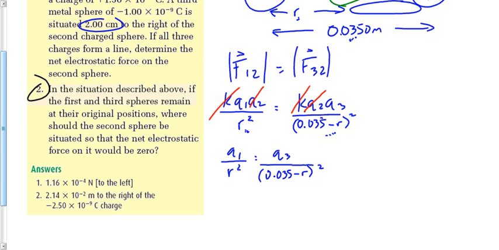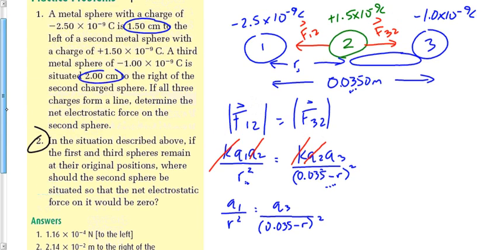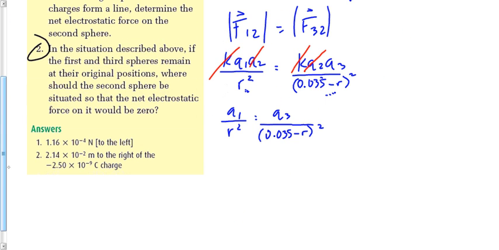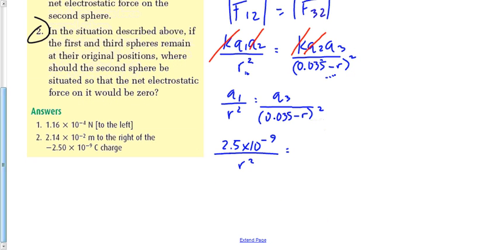Q1 is 2.5 times 10 to the negative 9. Drop in the sign of the charge, as we always do. Q3 is 1.0 times 10 to the minus 9. Okay, now we have one equation with one unknown.